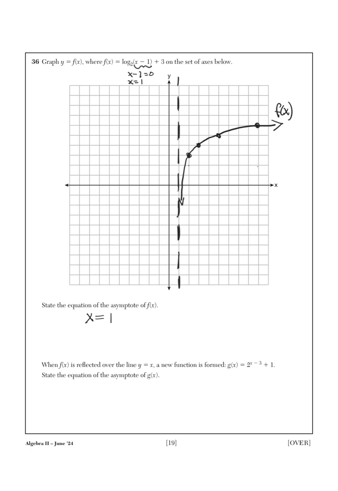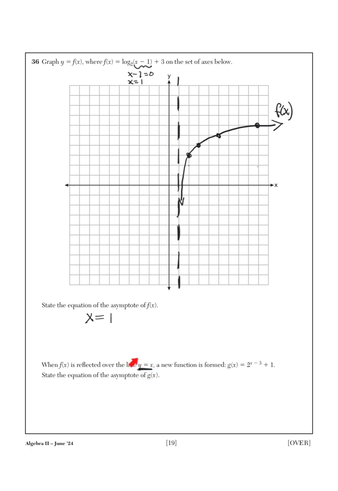Now it's telling you to take this equation, and they're saying that function is going to get reflected over the line y equals x, and then we have this new function. So this is a reflection in the line y equals x of this equation, and they want you to state the equation of the asymptote of this one. Don't overthink this.